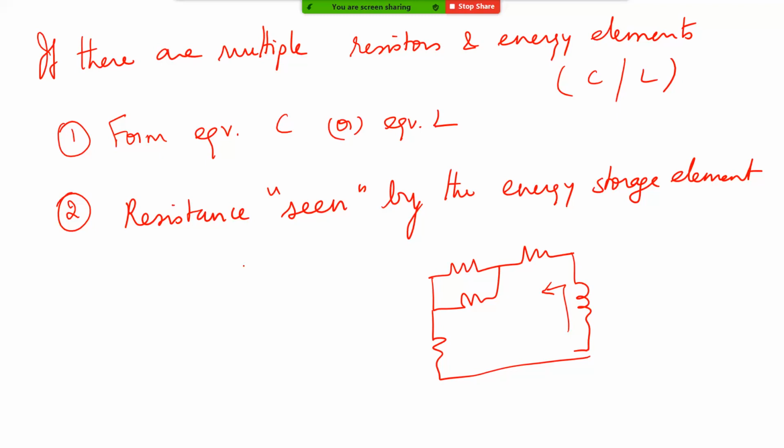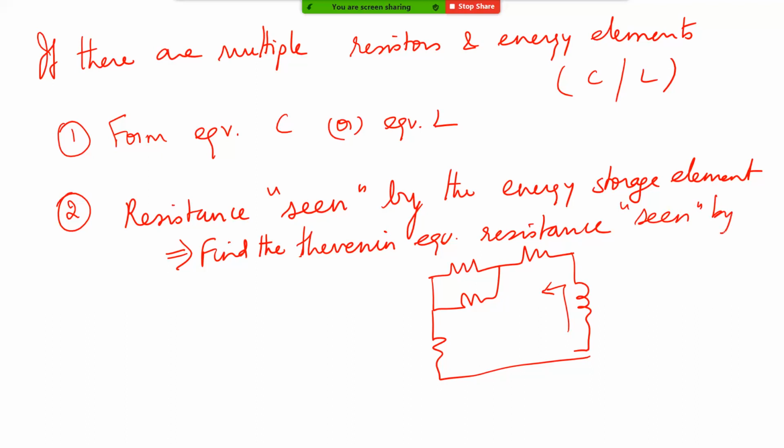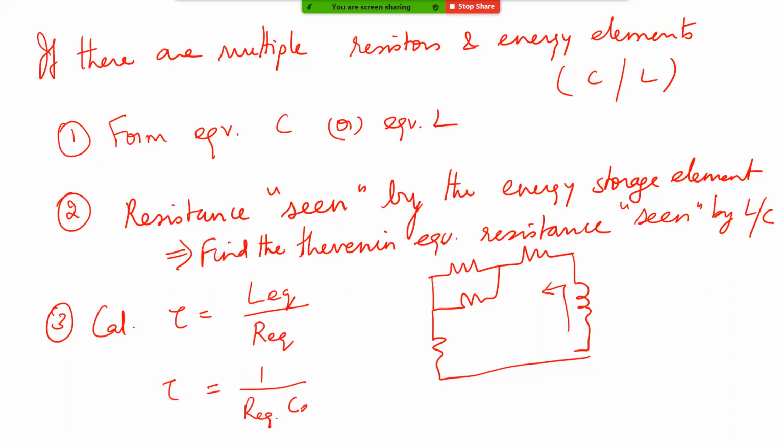Then you need to find the Thevenin equivalent resistance seen by either L or C. Now that you have this, you can calculate the time constant tau, which is L equivalent divided by R equivalent, or tau becomes R equivalent into C equivalent. Then you can solve for the system.